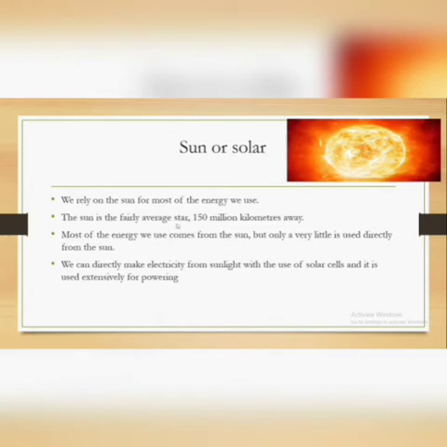We can directly make electricity from sunlight with the use of solar cells, and it is used extensively for powering satellites, some rechargeable batteries, roadside lamps, powering water pumps, and so on.